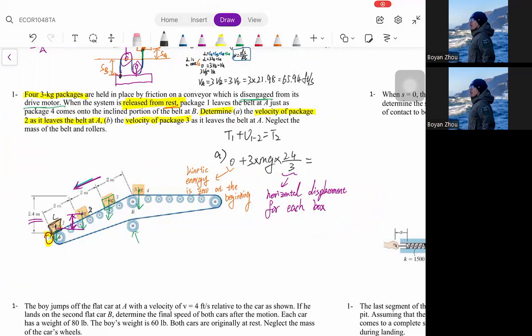The kinetic energy is also for 3 boxes, so we're going to have 3 boxes over here. So it's going to be 3 times half mv squared.